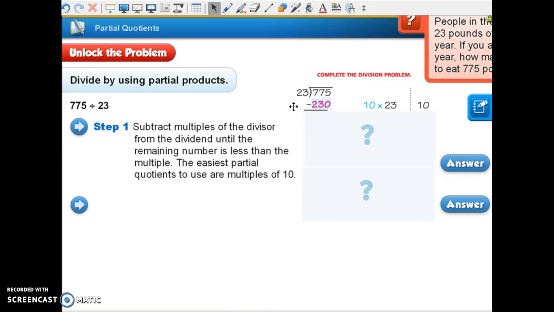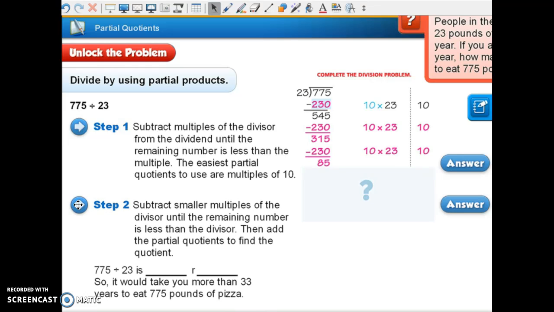Now I want you to notice the format that they use. They have their division problem. They have what they multiplied the divisor by. They have the expression, and then they have that partial quotient over there, the 10. Then we're going to subtract 230. 775 minus 230 gives us 545.